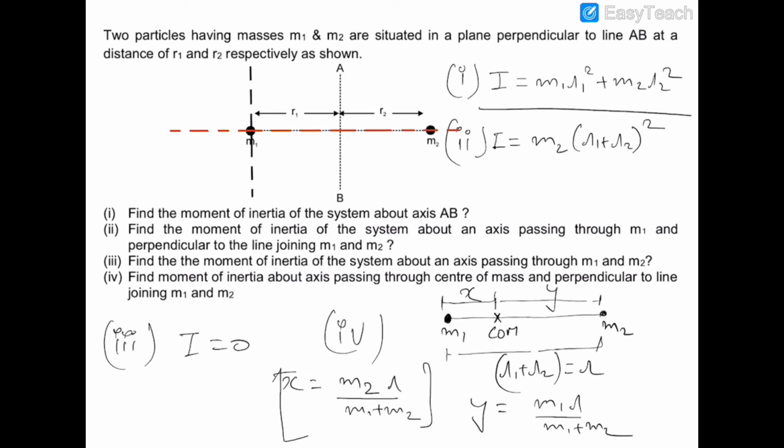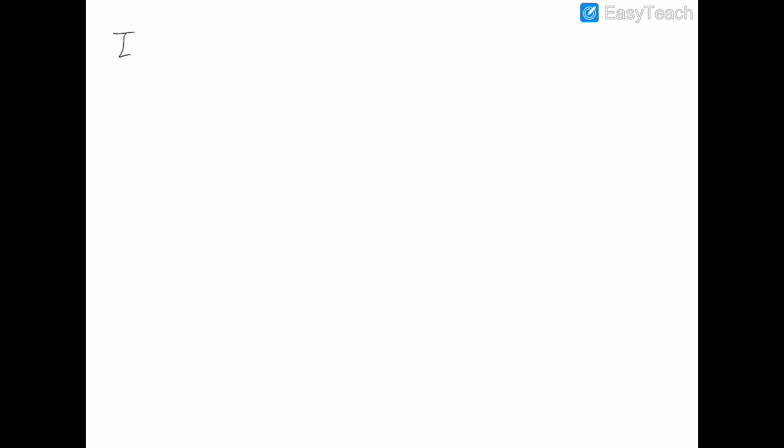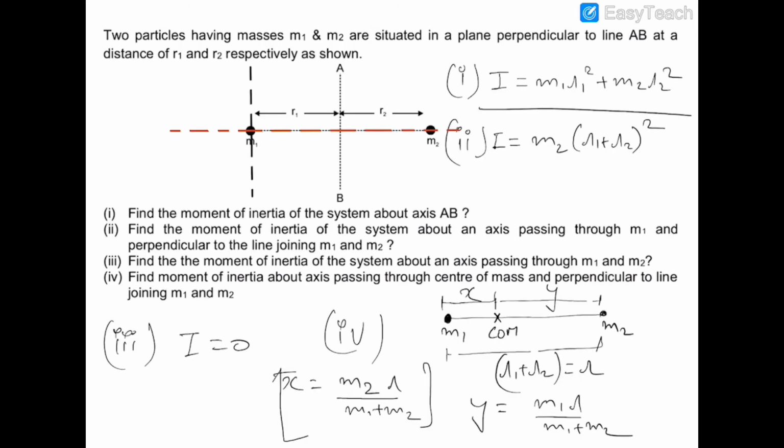So the moment of inertia of the system about COM will be m1 x square plus m2 y square. Okay, so if there is an axis which is passing through COM and which is perpendicular to this axis, this axis would be coming out of the plane, and the moment of inertia of the system about this axis would be m1 into x square plus m2 into y square.